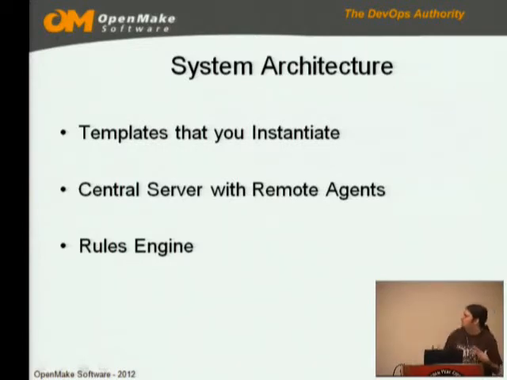So once you have these templates, the other two important ingredients are a central server, the store of the templates and the various configuration, environmental and target configuration data, and then an agent on the actual machine where the build or the deploy is going to happen, and then a rules engine to process the templates to say, okay, given this input, what do I go and do?